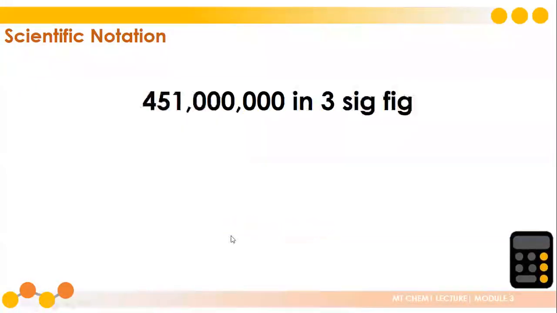And then we have 451 million in 3 significant figures. Here you can see that there is a condition, meaning you have to make a scientific notation in 3 significant figures. We have these 3 significant figures, 4, 5, 1. So let's move the decimal point to the left.